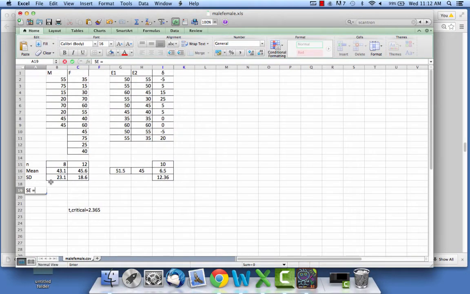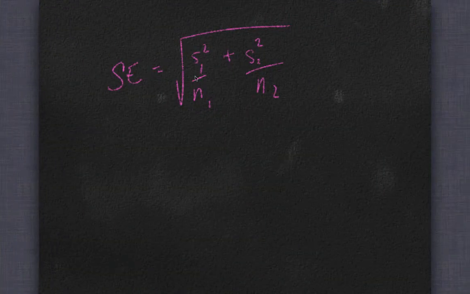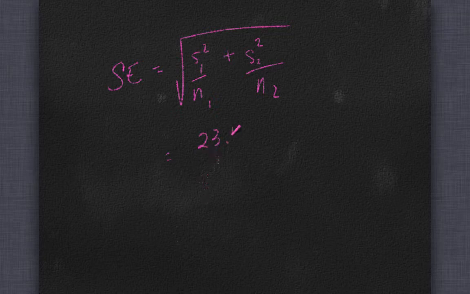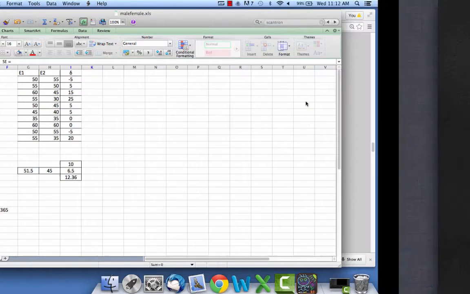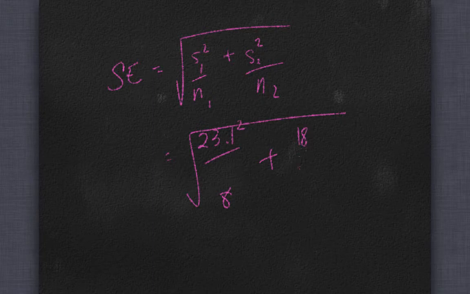So standard deviation 1 is 23.1. And there were 8 of them. And standard deviation 2 was 18.6, and there were 12 of them.